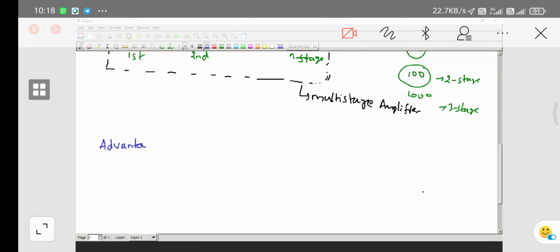So when we use the multi-stage amplifier, we are going to get more gain. That is, there is an improvement in the gain, right? So advantages are what? One is improvement in the gain.